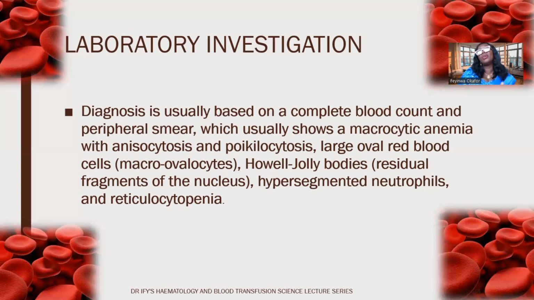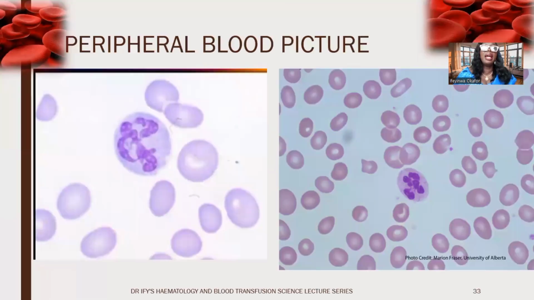You can have pancytopenia, that is a reduced number of all the cell lines you have in the system: the platelets, the red cells, and then the granulocytes. So all these can be observed in the peripheral blood, like we showed earlier in the slide.